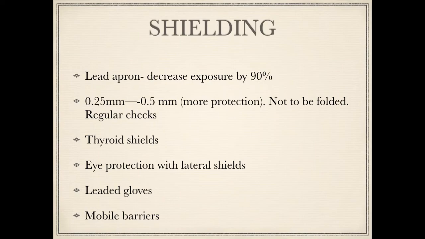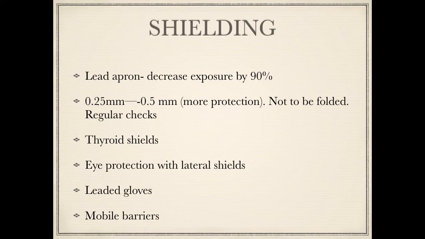The other thing which I find useful when we're using the skirt ones, even if they are thinner ones, say 0.25 millimeters, is that because they overlap each other when you're wearing the skirt, it offers extra protection. So 0.25 plus 0.25 becomes more than just a 0.25 apron, and that gives extra protection to your genital areas.